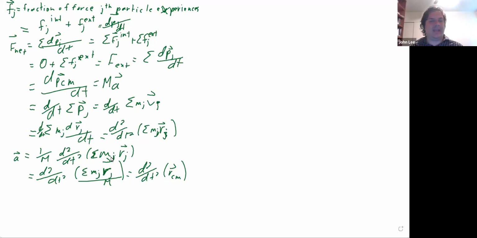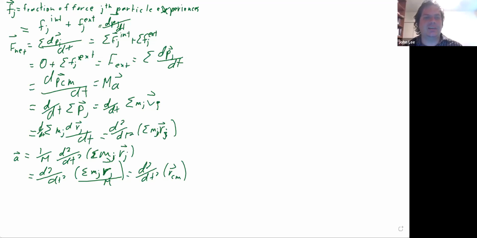So if the cat's moving around, it's wiggling around, then the center of mass is still going to be accelerated according to say gravity or the outside force. But overall, the internal forces, the internal wigglings, aren't going to change the position of the center of mass. So only external forces are going to change the position of the center of mass.